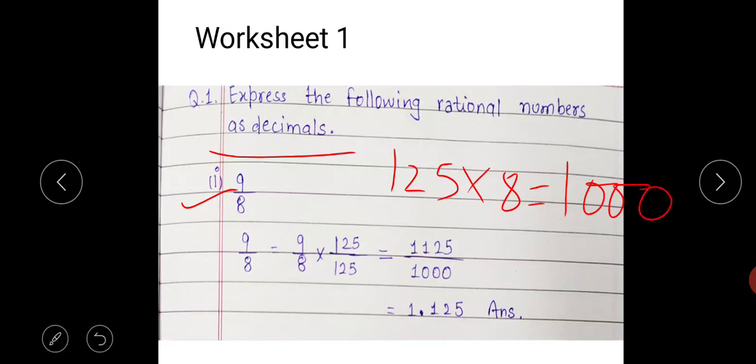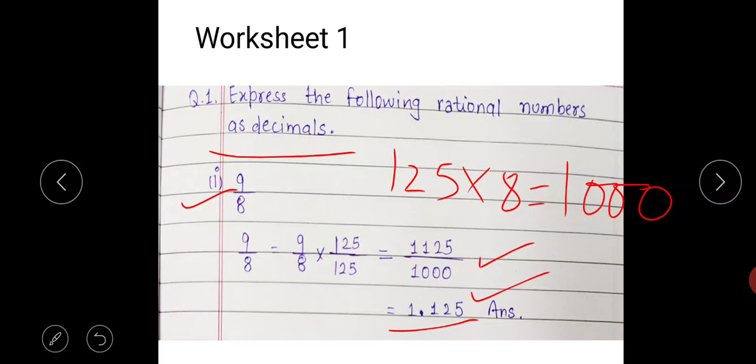So when we multiply numerator and denominator by 125 we get the equivalent rational number 1125 upon 1000, and in decimal form we write it as 1.125, which is the required answer.